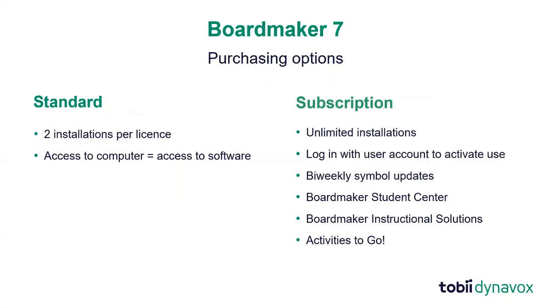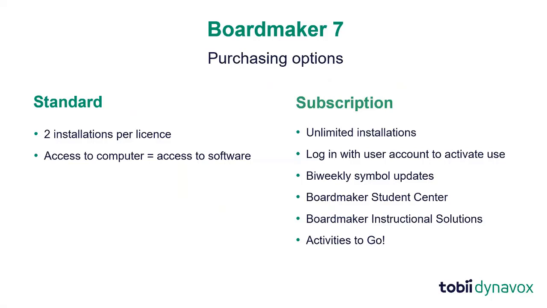So there are a couple of ways in which you can access Boardmaker 7. There's the standard version, which is a one-off purchase, and per license what you get is 2 installations. So you can install Boardmaker 7 on 2 computers and have access to Boardmaker 7 on the installed computers.